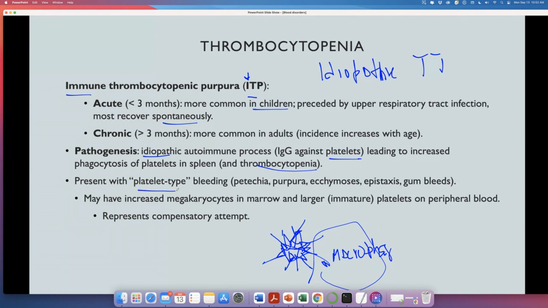So they have this platelet type bleeding, superficial, and they may have an increased number of megakaryocytes in the marrow and some immature platelets in the blood smear, which are larger than normal. And that is simply a compensatory attempt of the body.